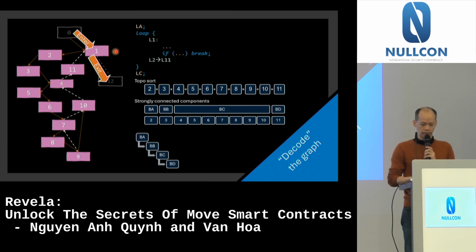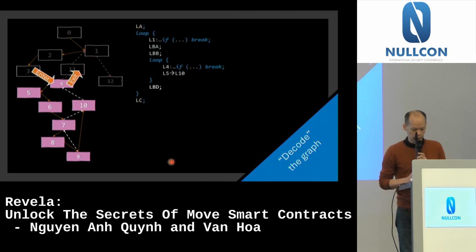We have block A, block B, block C, and block D. And we have the code like this. This one is block 0, and we enter the loop. Inside the loop, the first statement is an if condition, and it can break out immediately. After that, we have a few other blocks, and we realize that this one is block 2. Block 3 is this one.